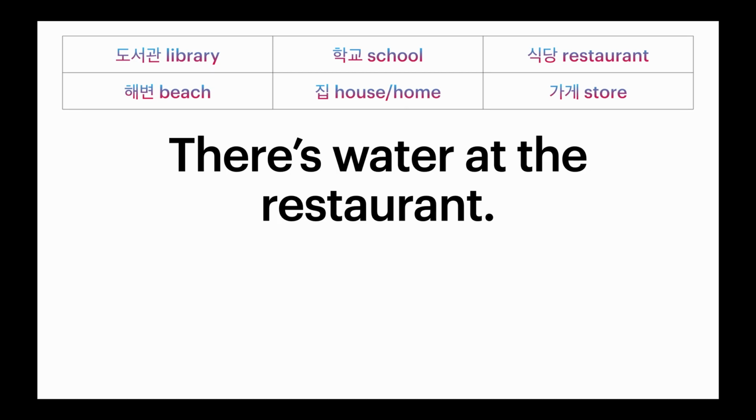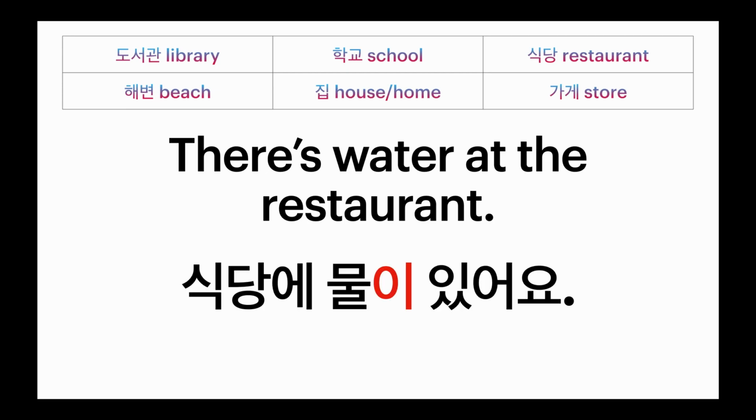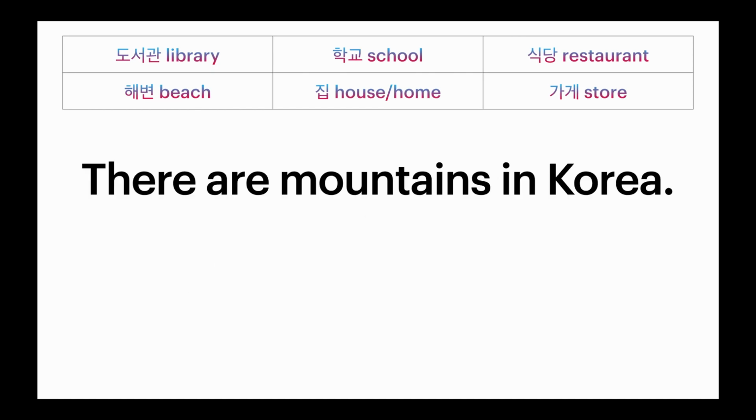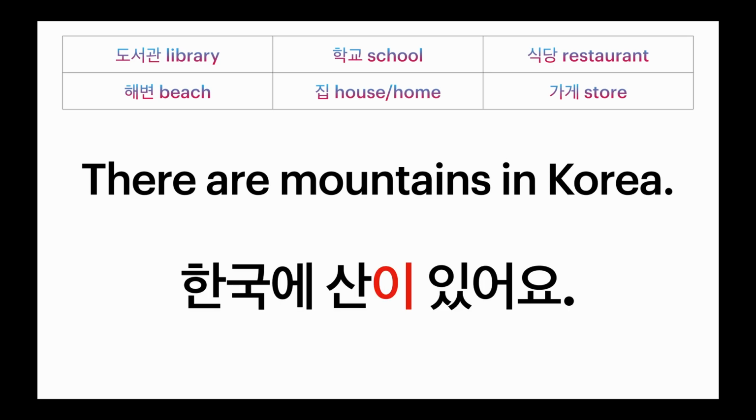There's water at the restaurant. 식당에 물이 있어요. There are mountains in Korea. 한국에 산이 있어요.